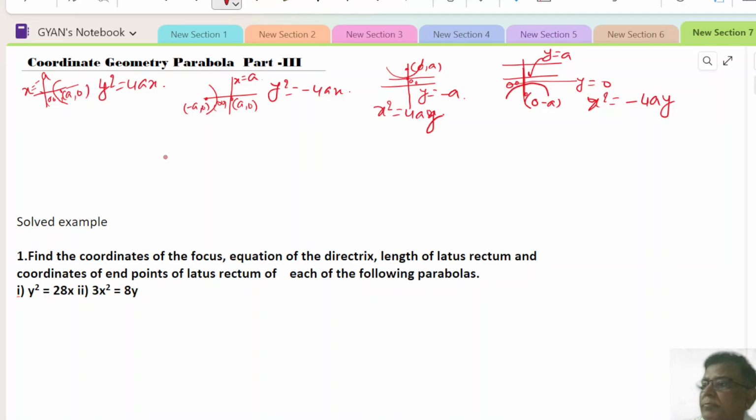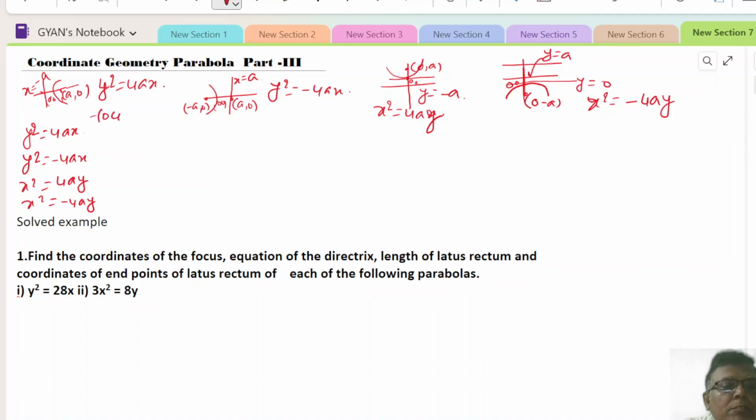Now let's summarize this, and after the summary we'll get: y² = 4ax, y² = -4ax, x² = 4ay, x² = -4ay.